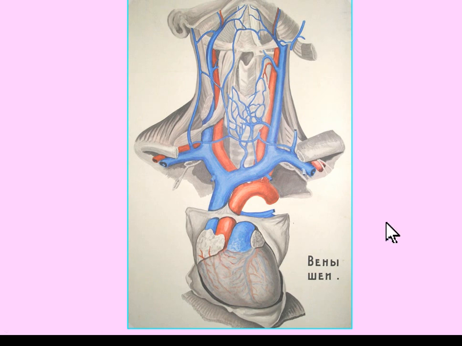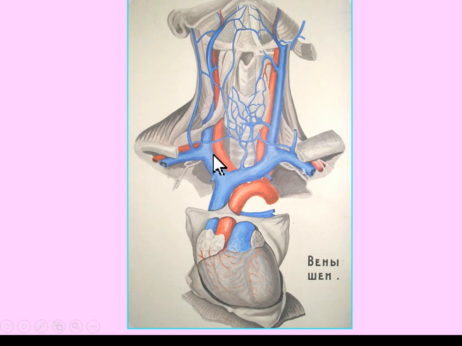Superior vena cava is formed from two tributaries, left brachiocephalic vein and right brachiocephalic vein. The aorta gives the brachiocephalic trunk, which corresponds to the brachiocephalic veins.